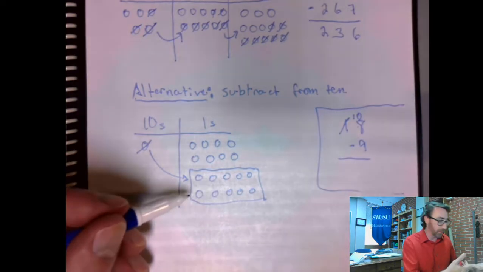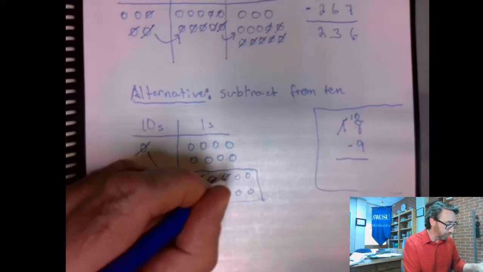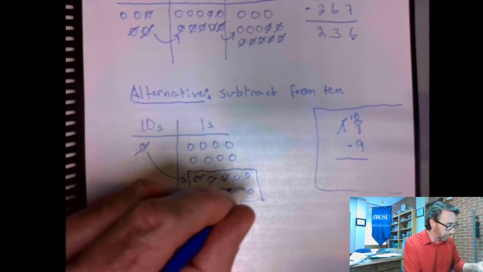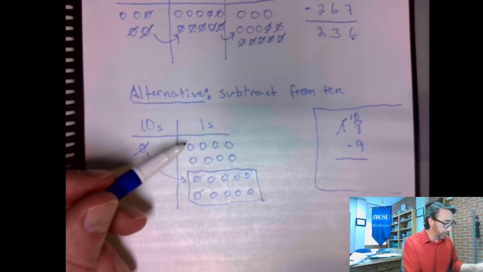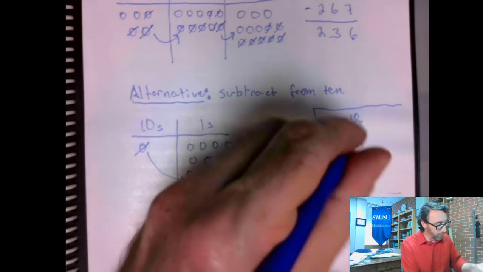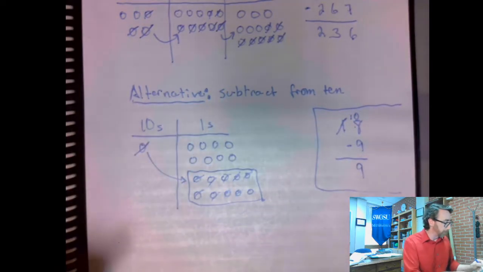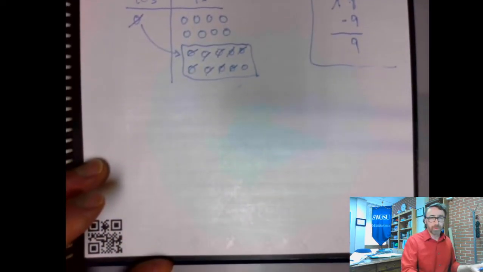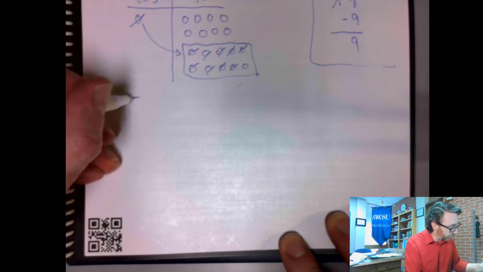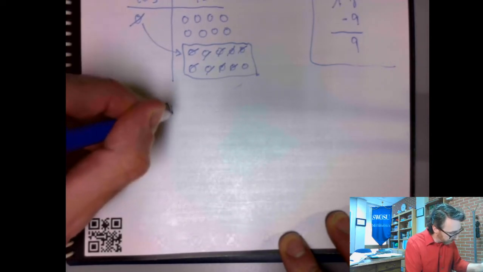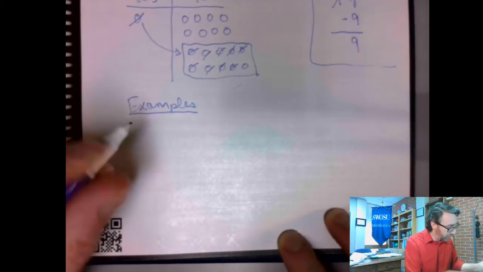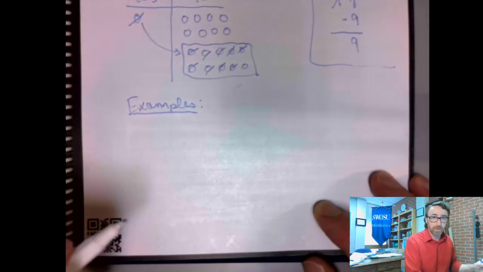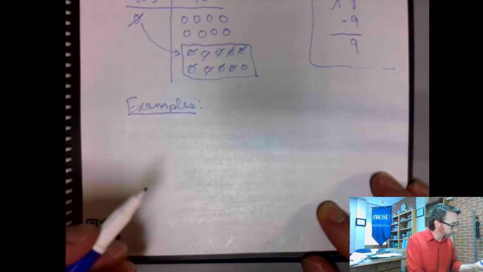And of course we know what 10 take away 9 is. That would leave us with just 1. So 10 take away 9, and you're left with 1, and the 8 gives 9. All right, let me do a few examples of using that alternative algorithm.